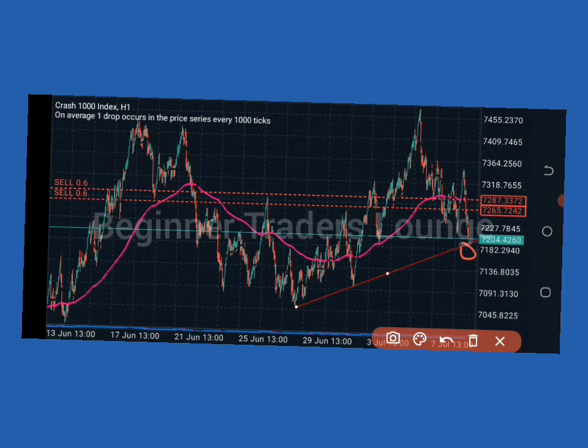Some people are good at drawing out or marking the areas they envisage that the market will react to. But when the market gets to where they envisaged, they don't know, or they just enter because they believe it bounced where they think the market will bounce.